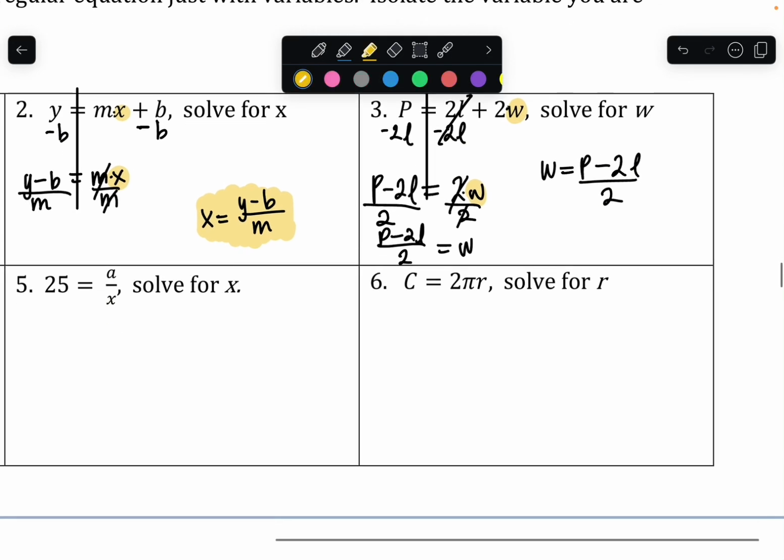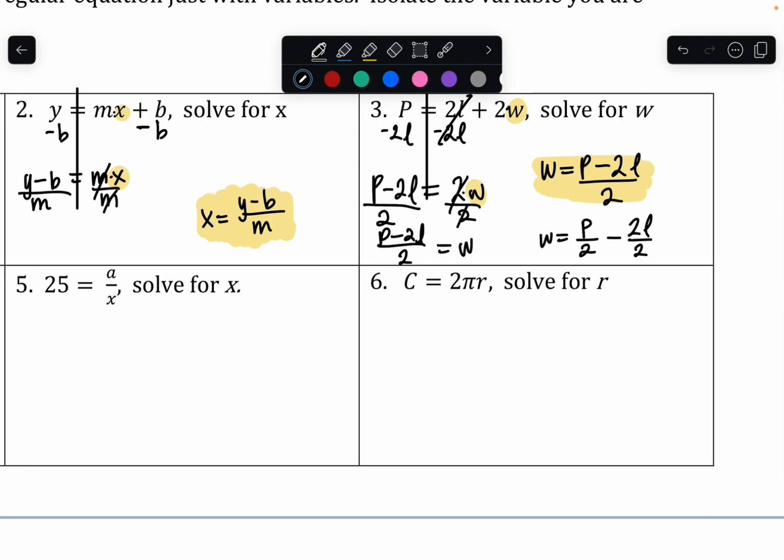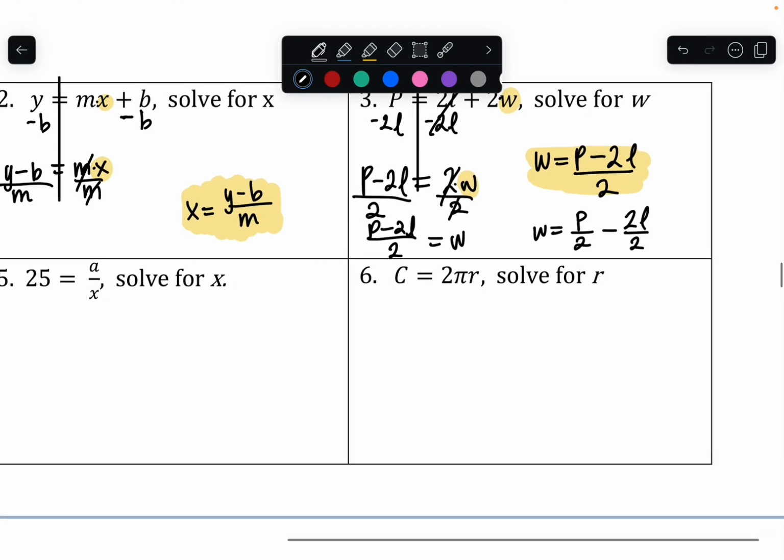Another way you could write this answer is to separate the numerator. And so if I were to separate the numerator to each be over the 2, we could actually simplify a little bit further. And we have 2L divided by 2. In this case, the 2's would cancel, leaving me with just P over 2 minus L.